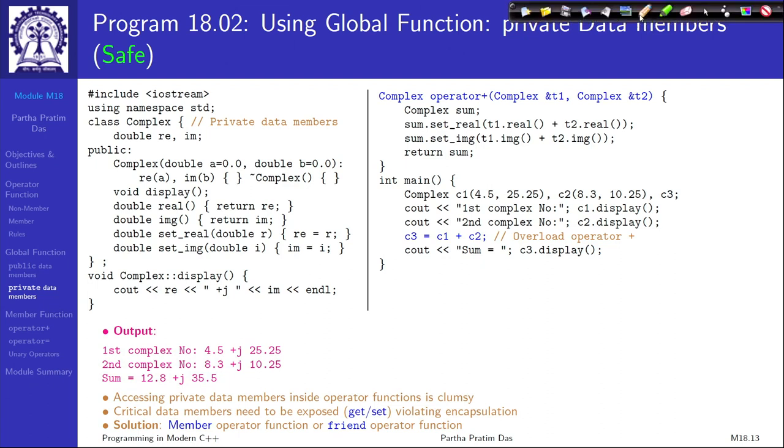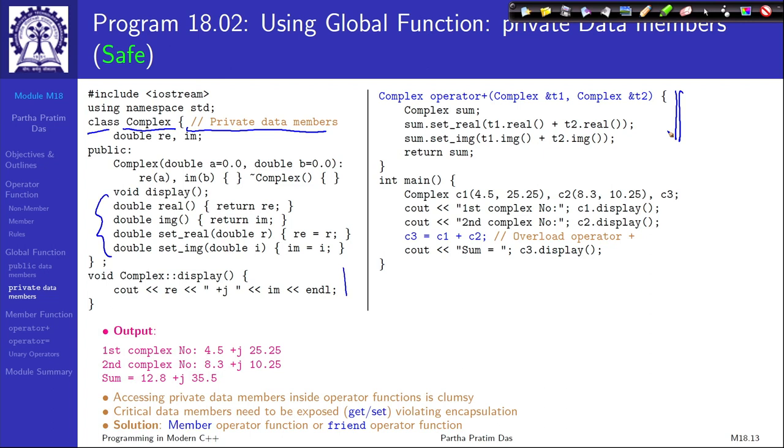Say for the case of complex numbers, I can easily take care of this by making these data members private. I call it a class now, make this private and provide the get and set functions on the members as an interface. So, this is the standard information hiding paradigm we have done, and then define this operator plus as a global function.